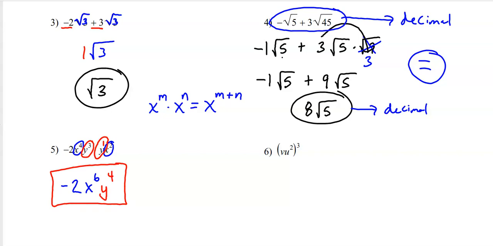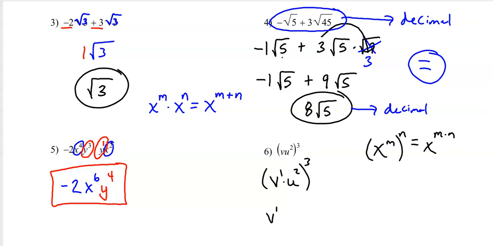Number 6 is testing a different rule. It's testing that, hey, can you raise a power to a power? So if we say x to the m raised to the n, it's just x to the m times n. So now I'm going to multiply the numbers. Writing this out a little bit differently, this is v to the 1st u squared raised to the 3rd power. So what I want to do is raise each piece in here separately.